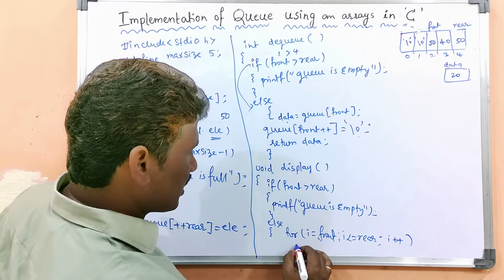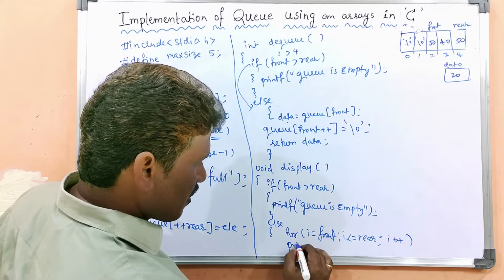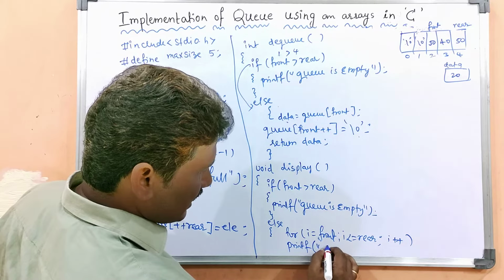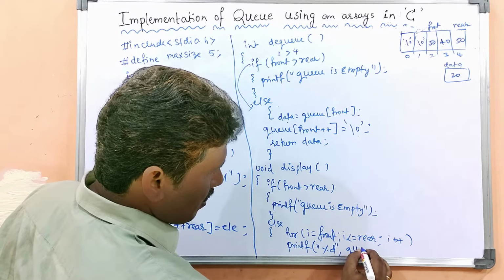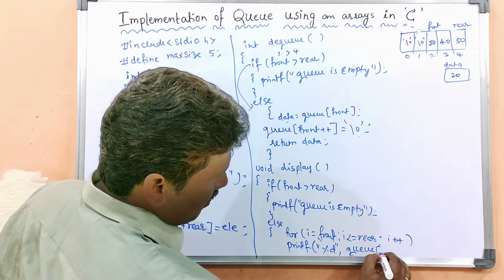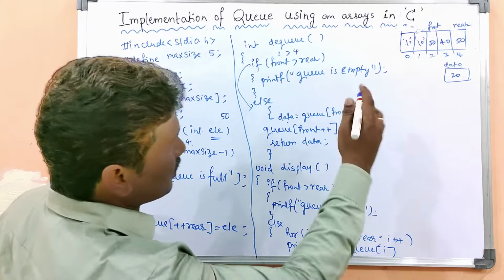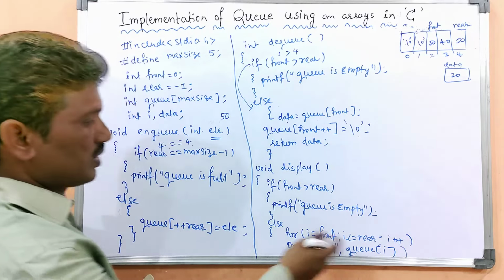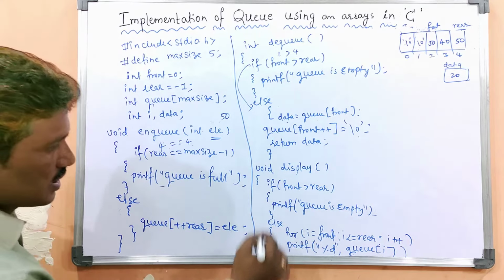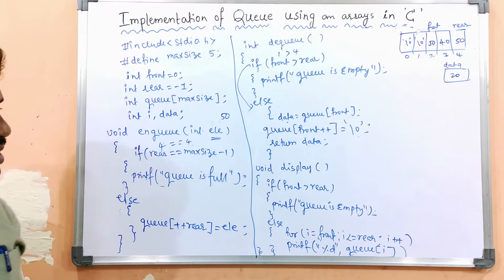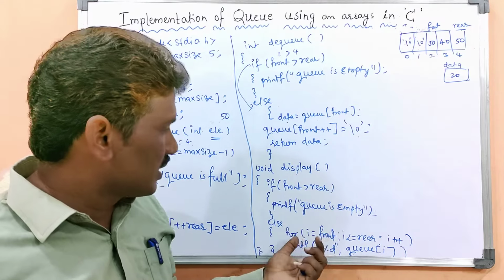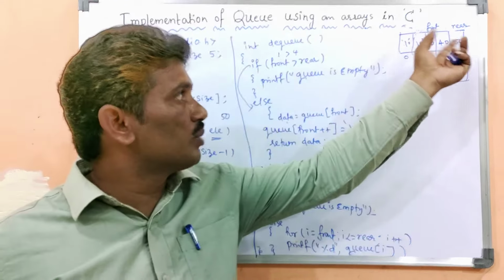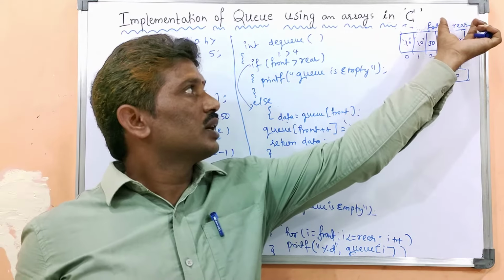Then here what happens? Printf %d, then queue of I. The else will be closed, then the display function will be closed. If the condition is false, it comes to the loop, because you can display from the front to the rear.